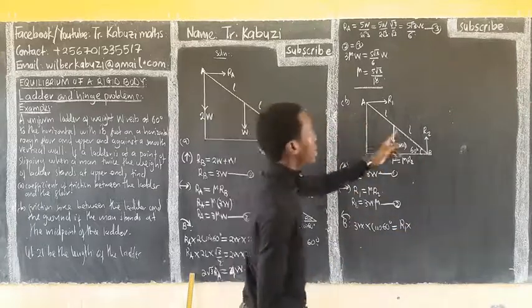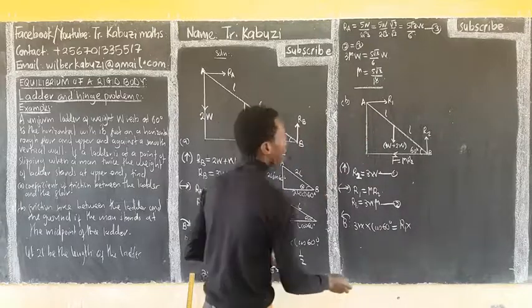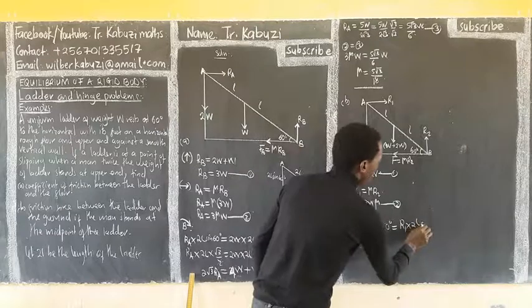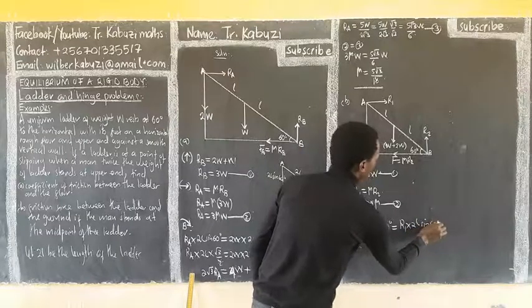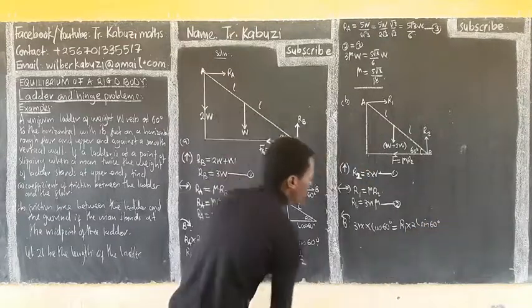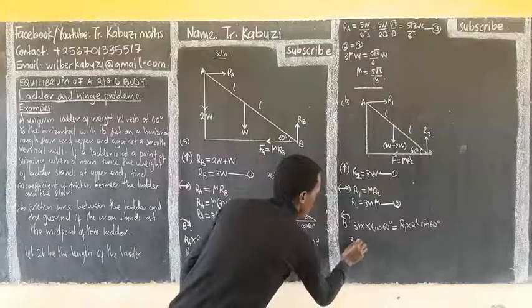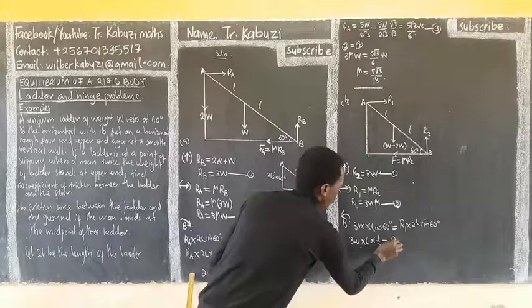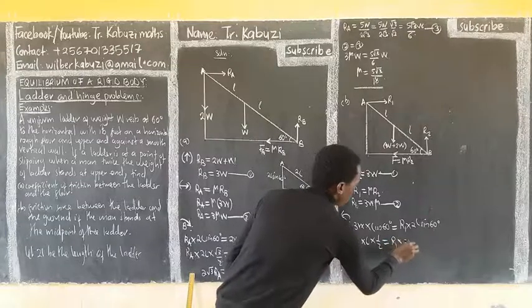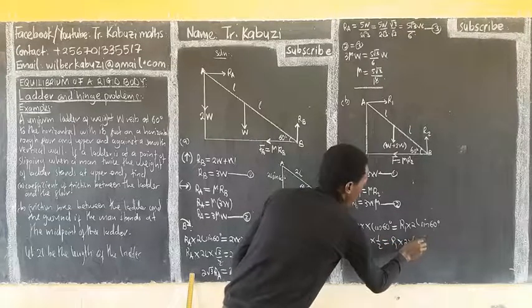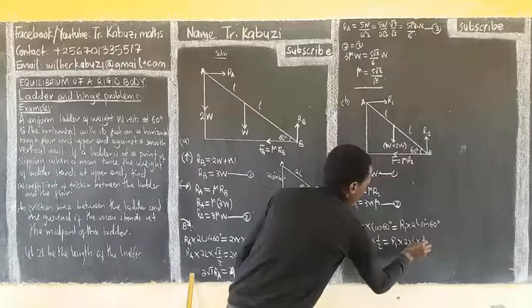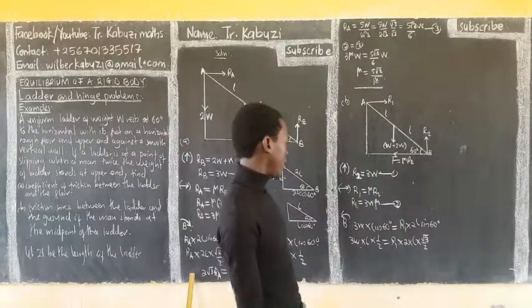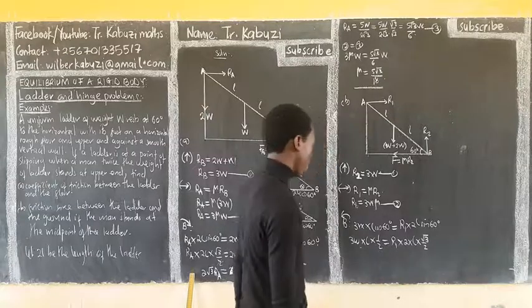Remember, the ladder is not changing its length, so it's going to be 2L sine 60 degrees. So this is 3W times L times cos 60, which is half, equaling to R1 times 2 times L times sine 60, which is root 3 over 2.